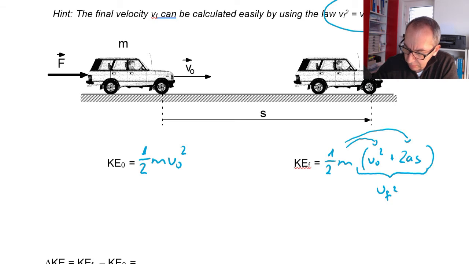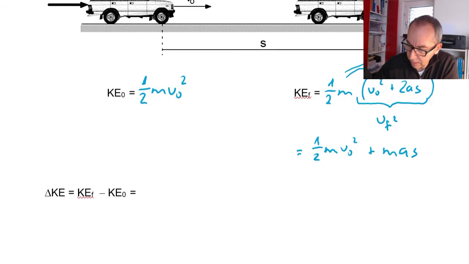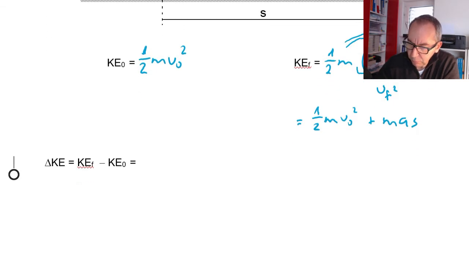So this amounts to 1/2 mv0 squared plus 1/2 m times 2 is m times a times s. If we now compare these two formulas, we see that in the beginning we had this term and now that one.